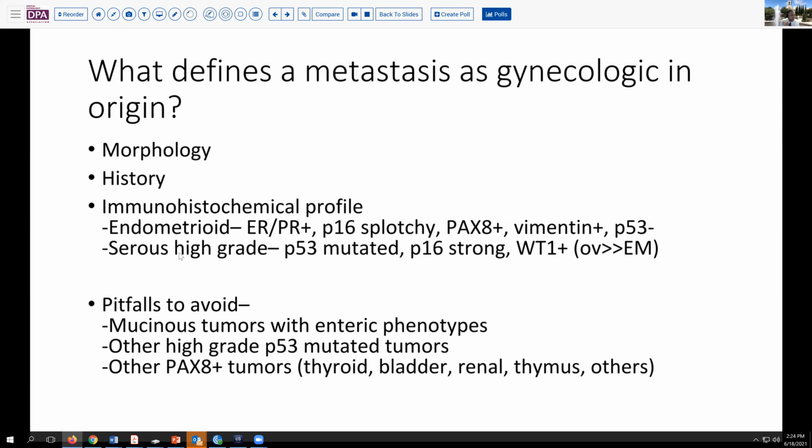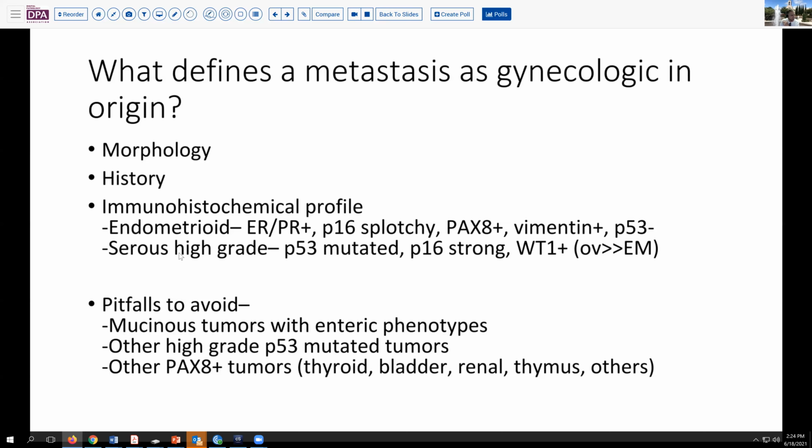Of course, we also know that there are other P53 mutated tumors, and we need to be aware of those, as well as other tumors which can express PAX8: thyroid tumors, some bladder cancers, including adenocarcinomas, and of course, renal carcinomas, and thymic tumors may also express PAX8.